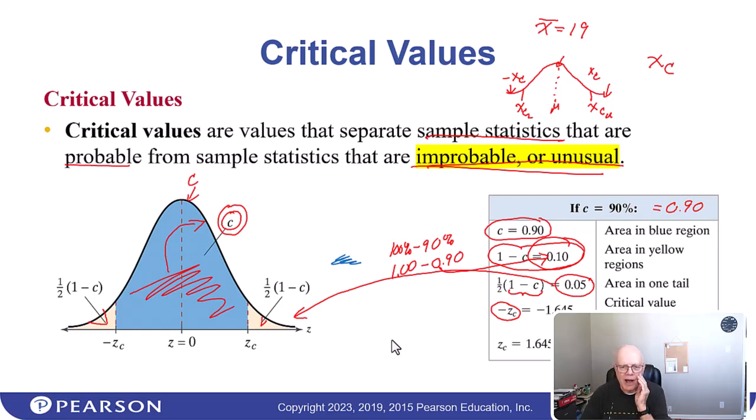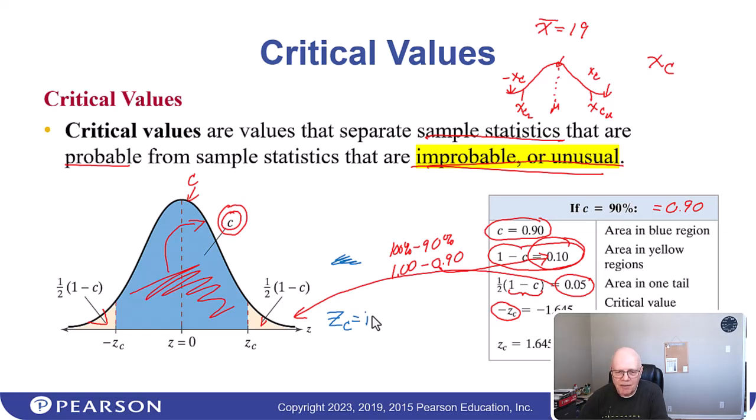Now, how do we get those critical values? Well, let's work with one, and then the other one will be automatic. So what we want is one of those critical values. We'll get the one on the right, and then we'll know what the one on the left is. Well, it's very simple once you get this done a couple of times.